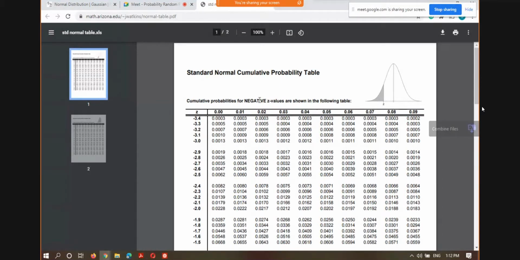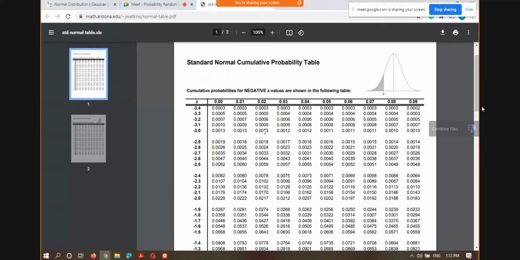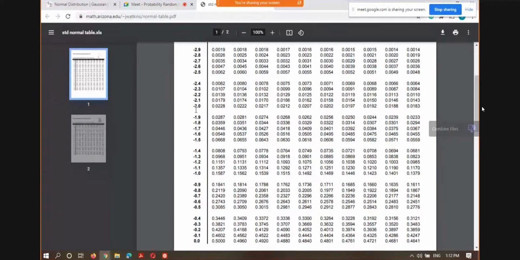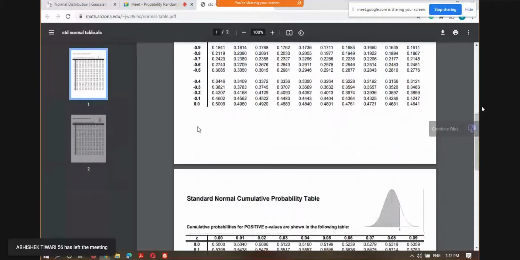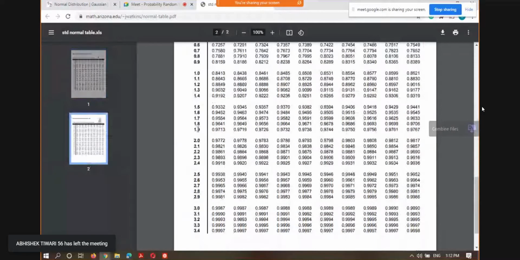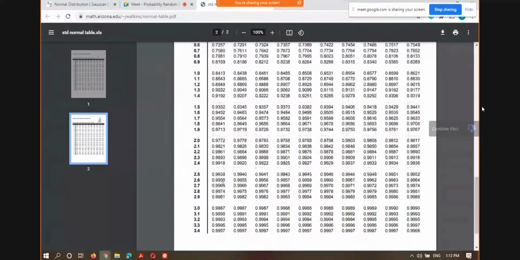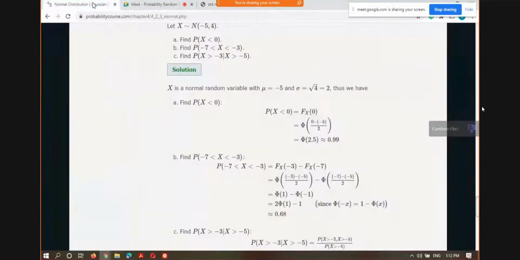Here you can get all the values, where this is z, or we can say x also. And then we will see that 2.5 is there. If you see now, 2.500 means 2.5. So capital phi of 2.5 is 0.9938. So from that table we get this one. Okay, similarly we can see the value of phi(1) also.